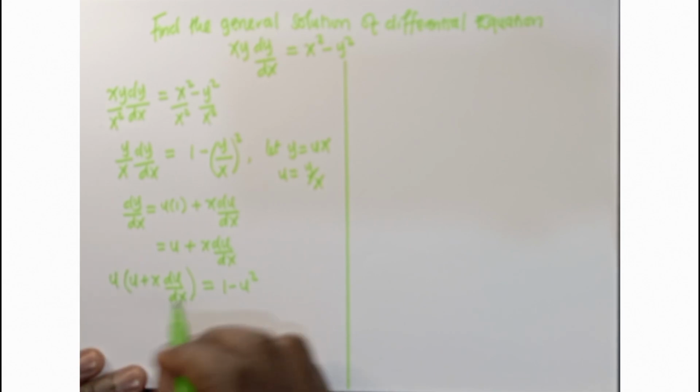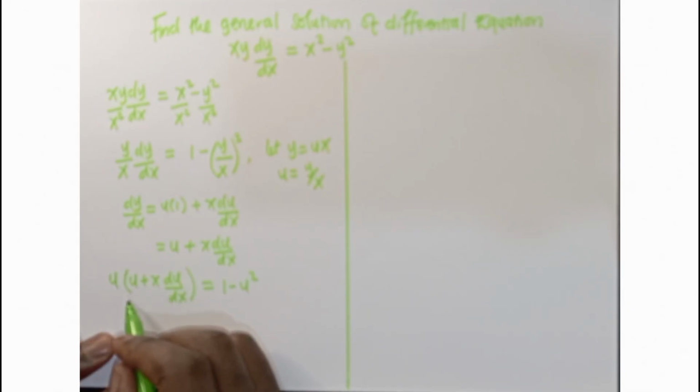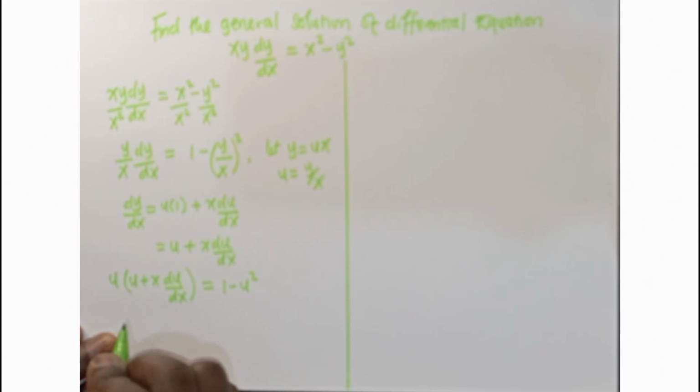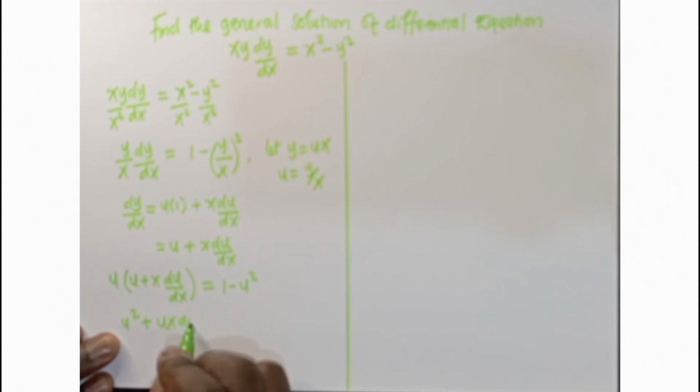Now we can go ahead and expand this to being u squared plus ux du dx is equal to 1 minus u squared.